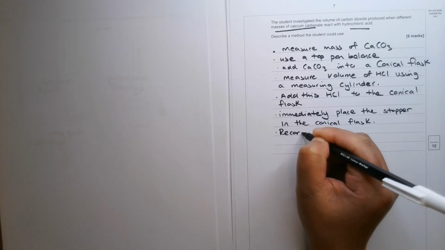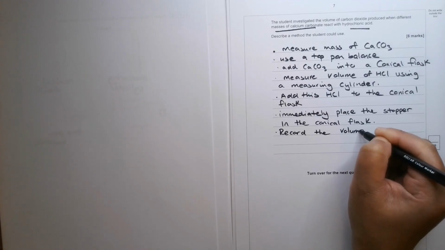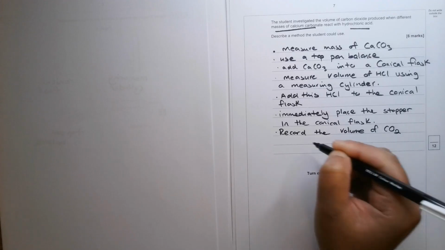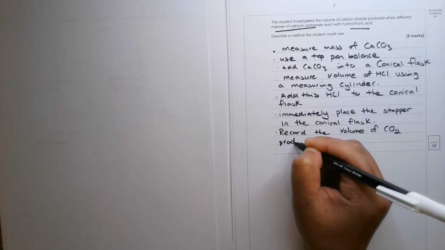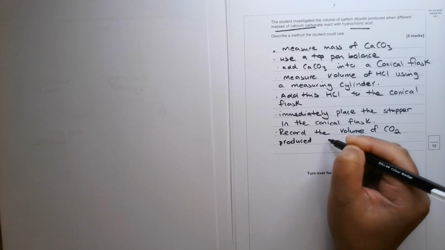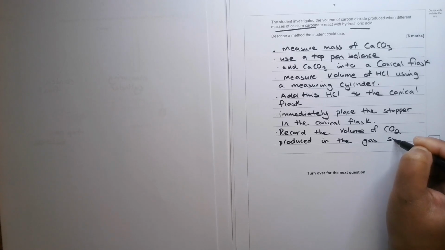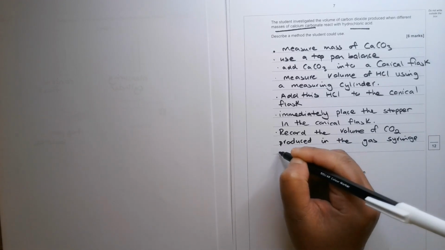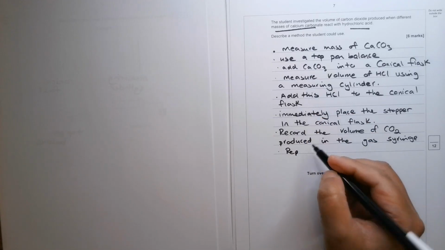Record the volume of CO2 produced in the gas syringe, and obviously you record that in your table, and then you will repeat that. If you go back, it says when different masses of calcium carbonate react.